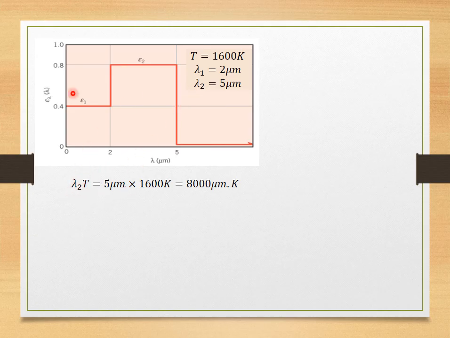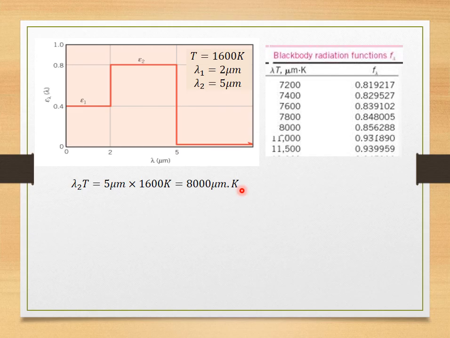From the graph we can see that lambda 2 is 5 micrometer, times T given in the question as 1600 K, and we get 8000 micrometer Kelvin. With the same approach, we refer to the blackbody radiation function and look at 8000, which refers to 0.856288.